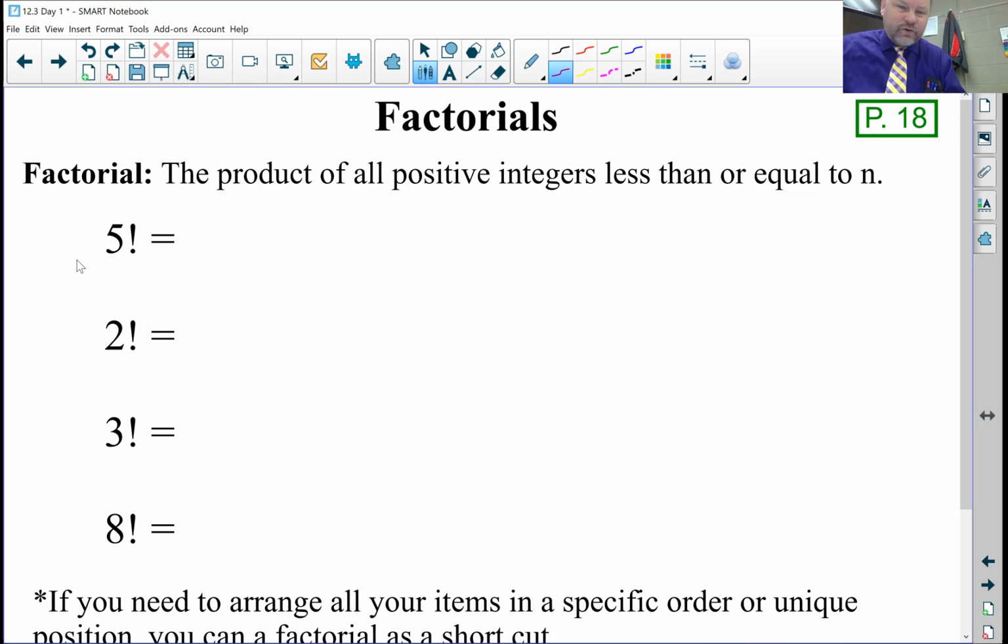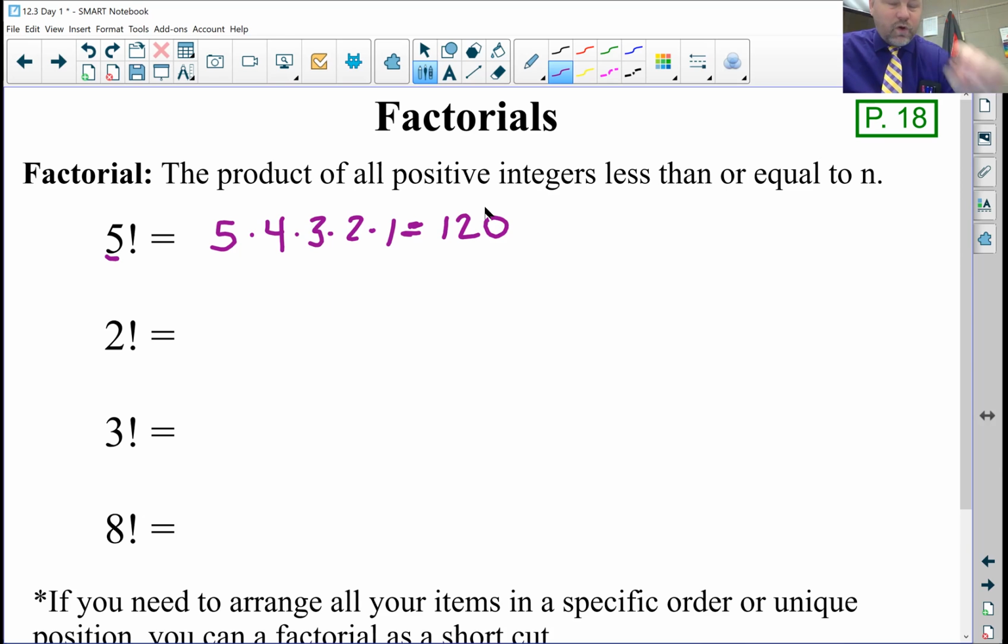A factorial says start at this value and multiply every integer less than it, ending at 1. So 5 factorial means 5 times 4 times 3 times 2 times 1, and if we multiply that out, that is 120.